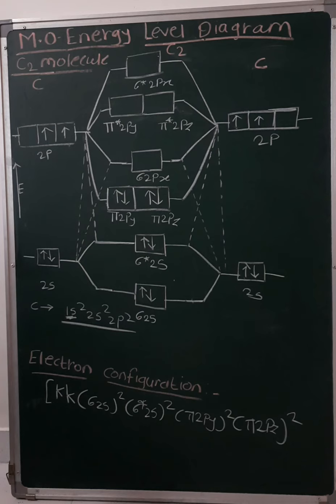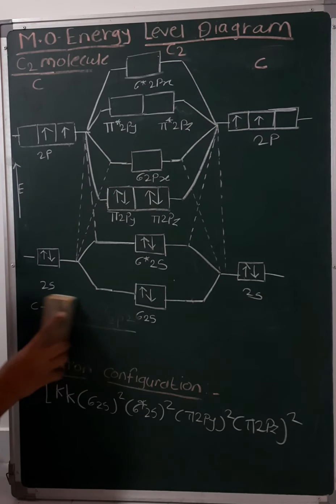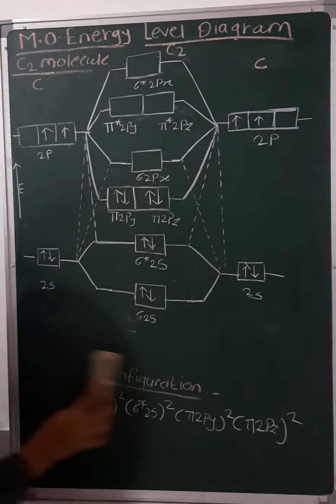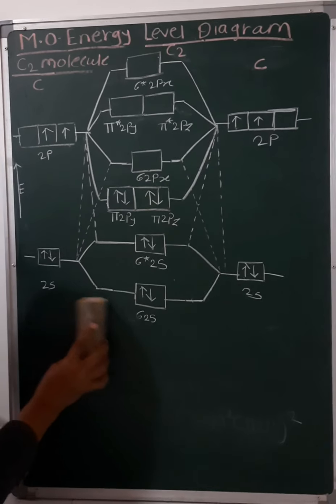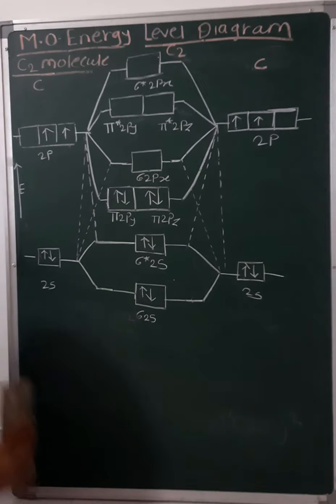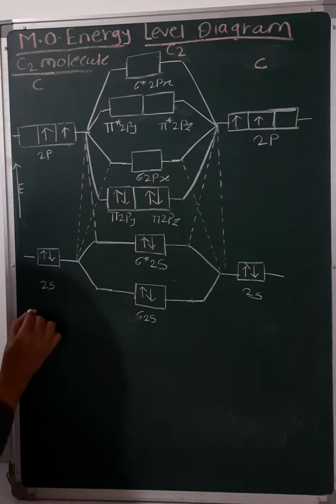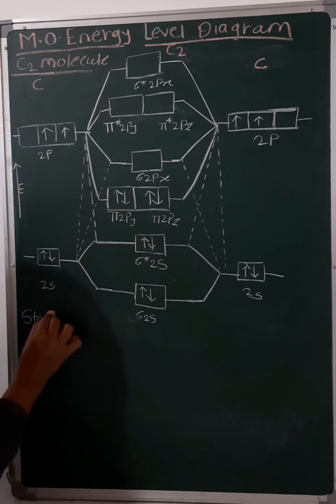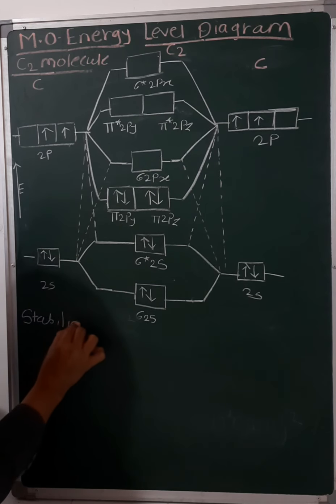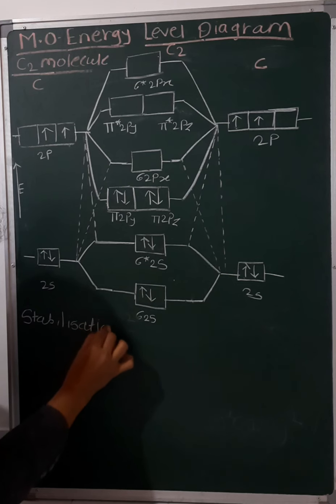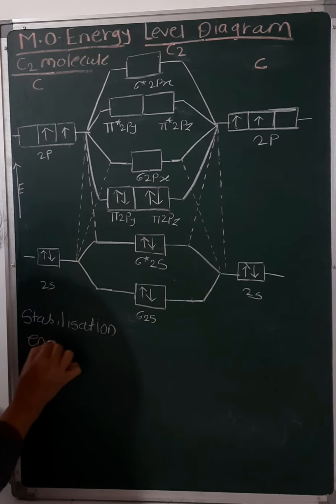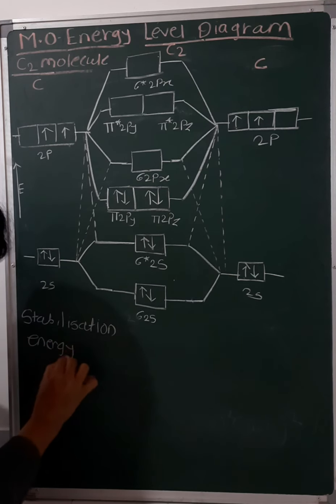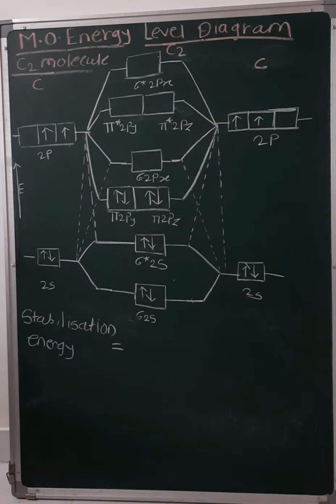Now we have to calculate the stabilization energy and bond order of the carbon molecule. The next point is the calculation of stabilization energy. We know the formula for stabilization energy: the number of electrons present in bonding molecular orbitals into minus beta, plus the number of electrons present in antibonding molecular orbitals into plus beta.